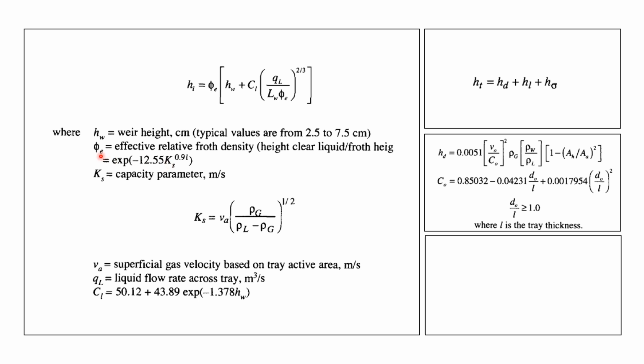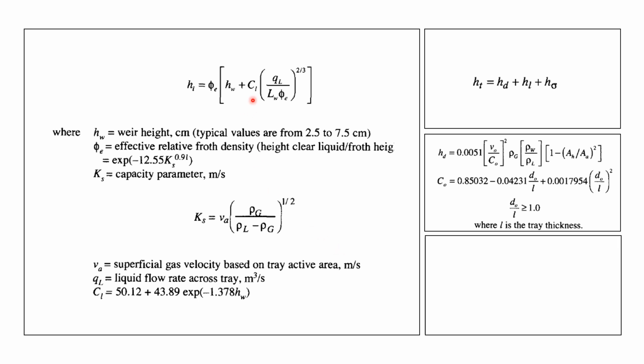So phi E is basically the froth density, which is calculated by capital KS, and capital KS is calculated in terms of VA, which is the superficial gas velocity based on tray active area, which is basically the volumetric flow rate of the gas divided by the active area, AA.